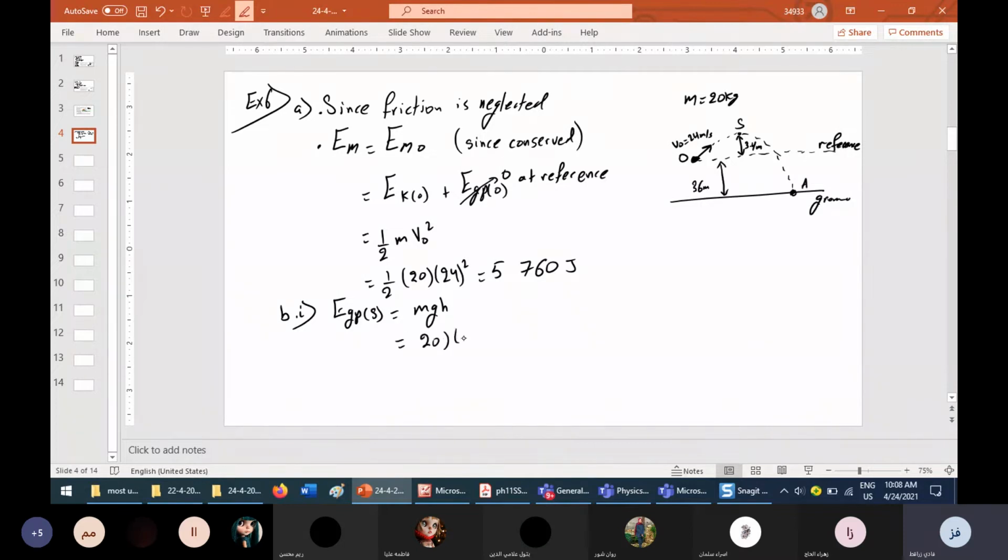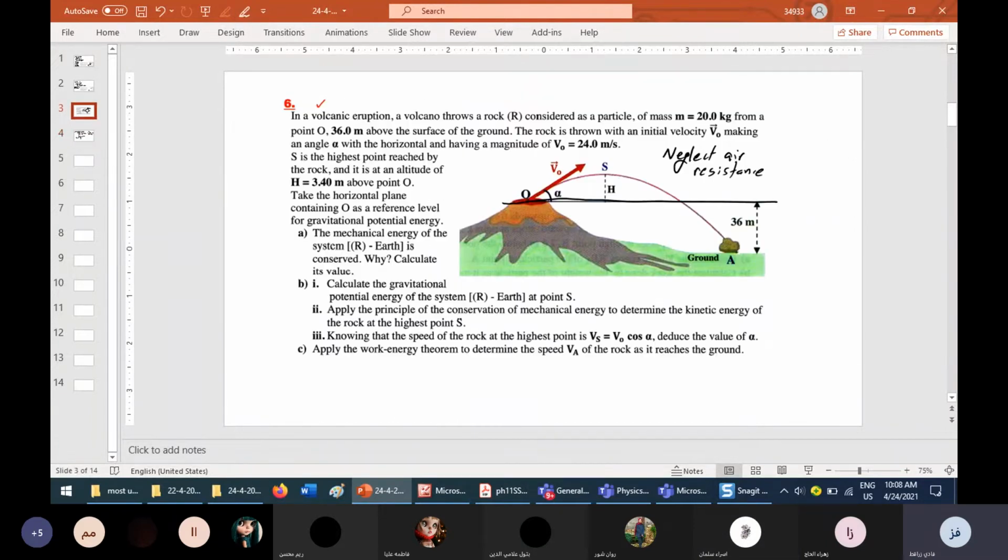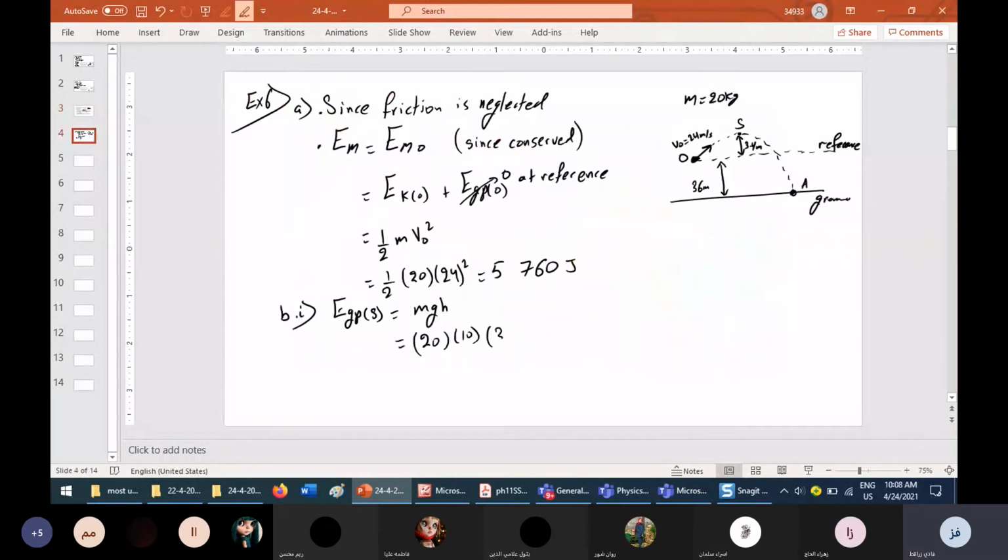The gravity? 10. The height of S? 3.4. So 680 joule.